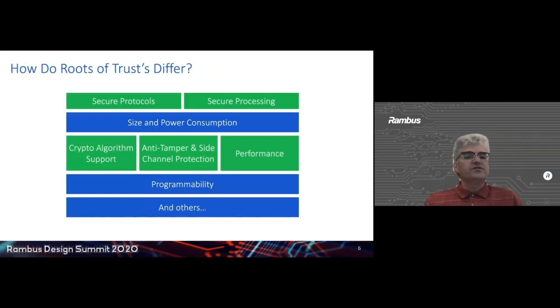So how do you choose then which one to embed in your design? Because there are so many choices and so many differences. What secure protocols do you want or do you need to support? Do you need secure processing inside that root of trust? Or do you have a closed system where there is no software loadability, unlike in an Android environment where you can have apps from the App Store downloaded and executed by a user?